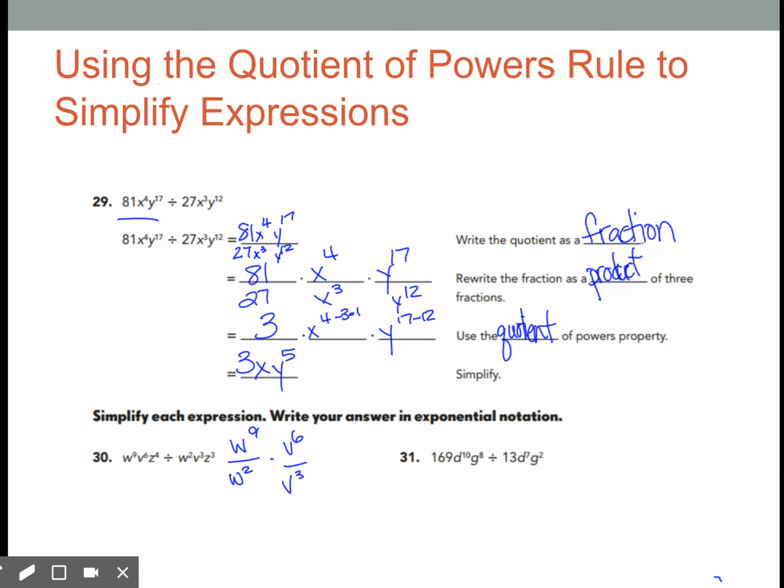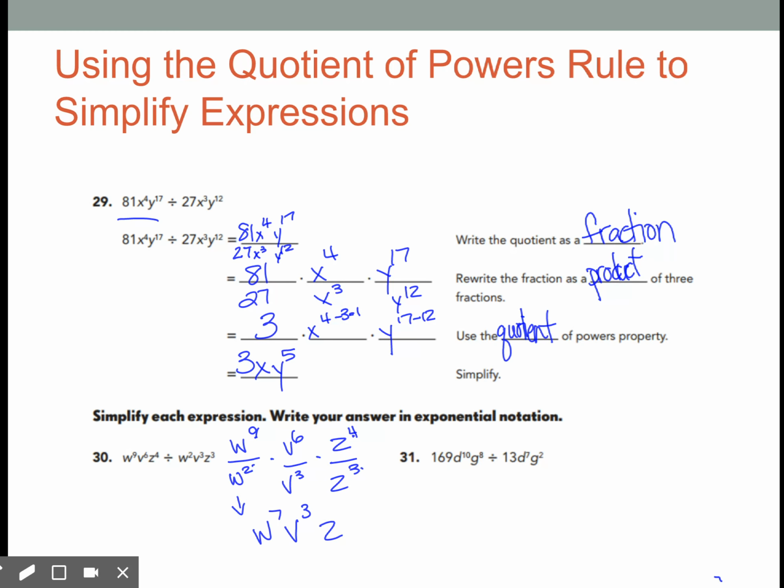And I'm separating them out with like terms just so it's easier to see what exponents I need to subtract. And lastly, z to the 4th over z to the 3rd. I'm going to jump ahead and do the simplification by doing 9 minus 2 with the exponents, which equals w to the 7th power, v to the 3rd power, because 6 minus 3 is 3, and z by itself, because 4 minus 3 is simply 1.